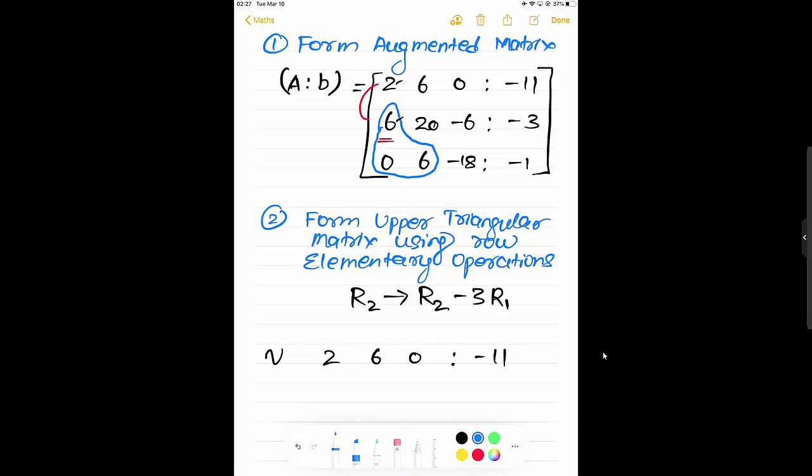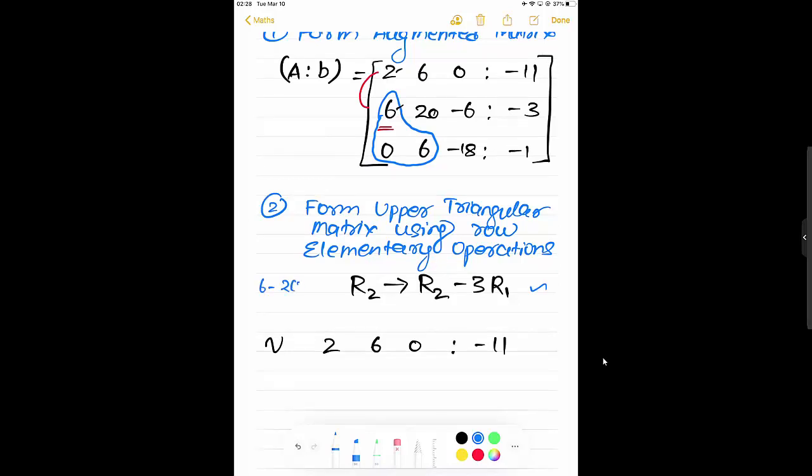Now if you apply this particular rule to the second row, the value will look like 6 minus 2 into 3, it will be 0. Then 20 minus 3 into 6, 20 minus 18, it will be 2.